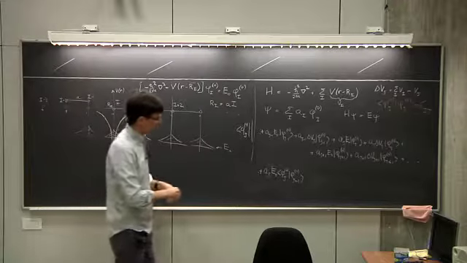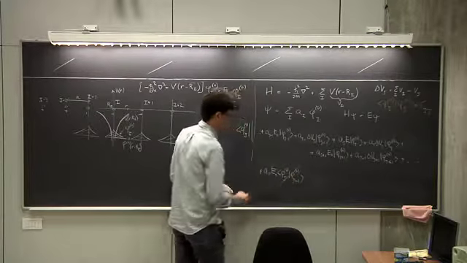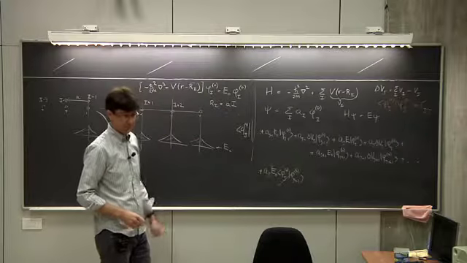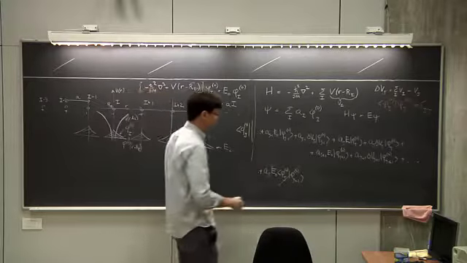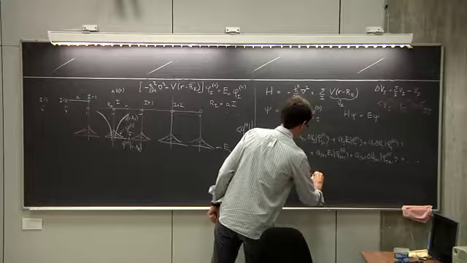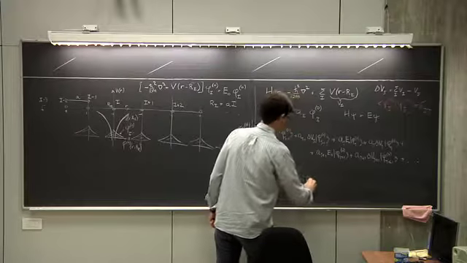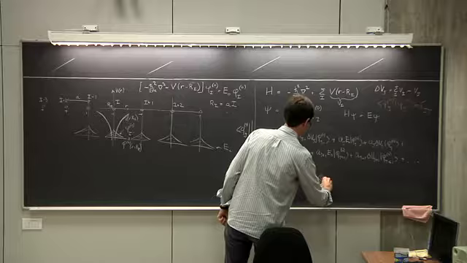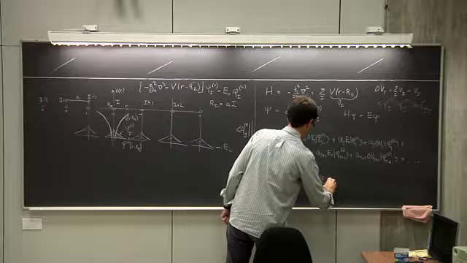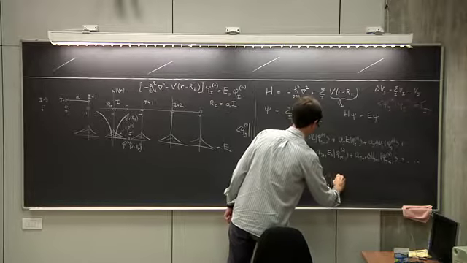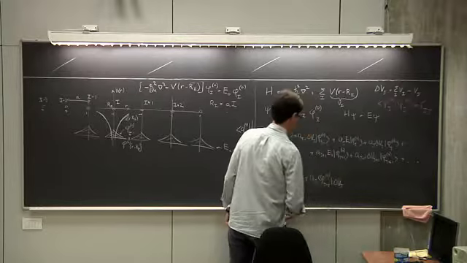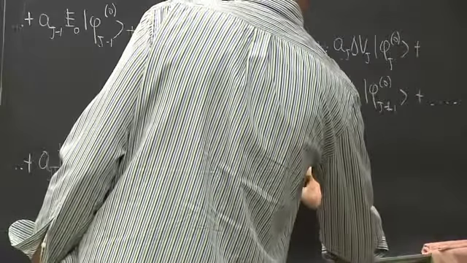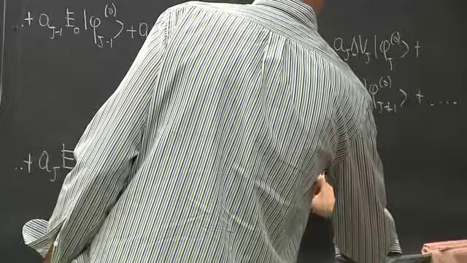So this one we already know. It's going to disappear from our expression. Let me continue. Delta Vj minus 1, phi j minus 1.